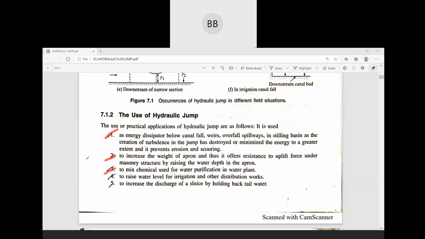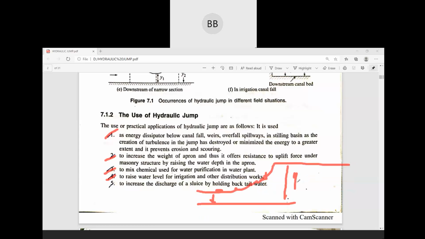Then number four is to raise water level for irrigation and other distribution works. If we can create a hydraulic jump, then our flow of water increases to a greater height. Before it is y1, and after that it increases to the y2 value.